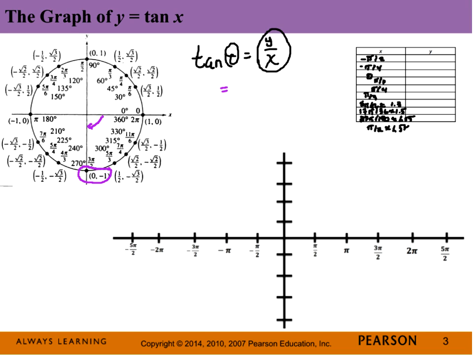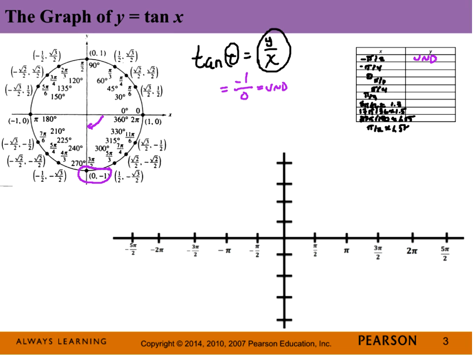Well, tangent is y over x, which is negative 1 over 0, and this is undefined. So negative pi over 2 is undefined. And so this is how I got these values, or I used my calculator.